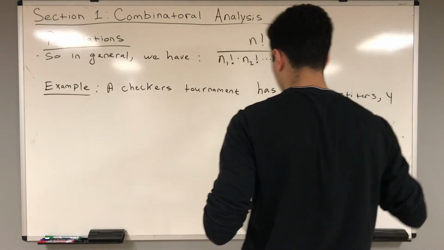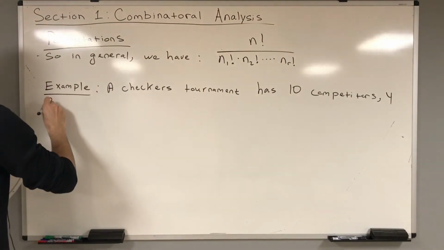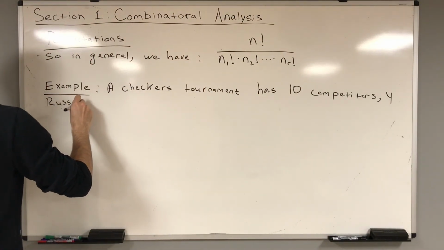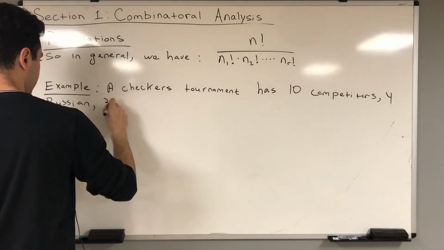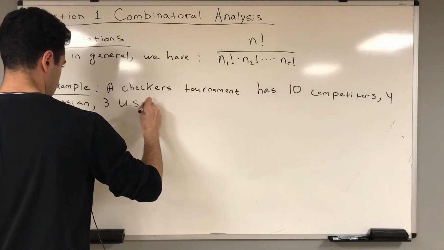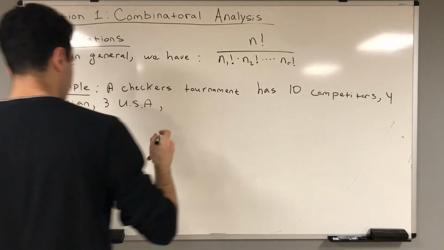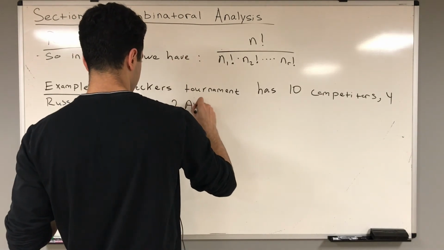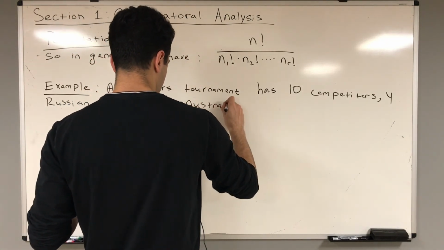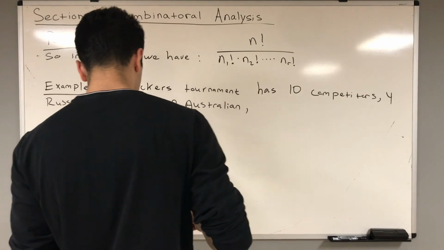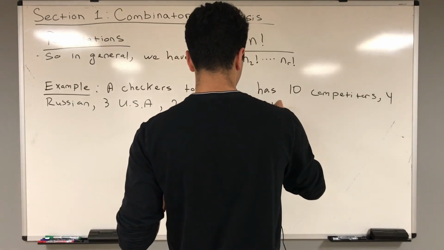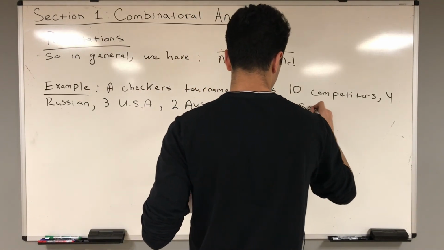So you have 4 Russian, 3 from the United States, 2 from Australia, so 2 Australian, and 1 from Spain.